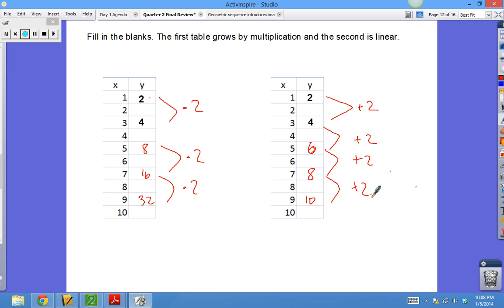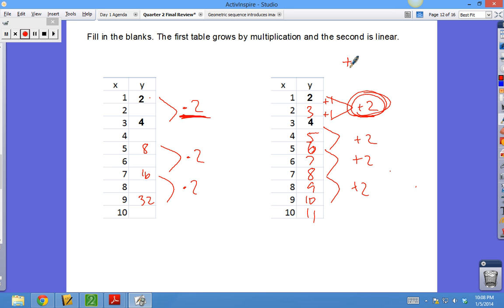Now, if I want to fill in the blanks on this linear one, I need to cut this in half. I need to cut add 2 in half, which is going to be add 1. So if I want to cut addition in half, and I'm adding by 2, I'm just going to add 1. So 2, 3, 4, 5, 6, 7, 8, 9, 10, 11. But this is kind of a hard concept to follow. If I want to cut times in half, it's got to be 2 equal parts that, when multiplied, give you 2, just like this.